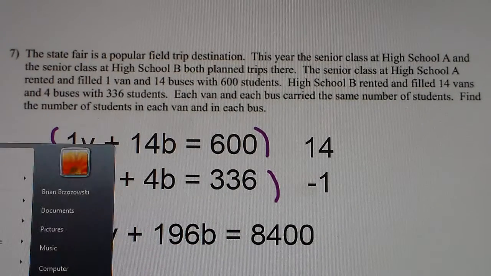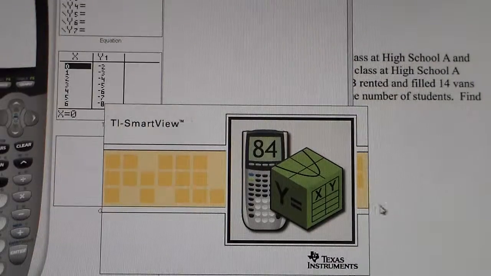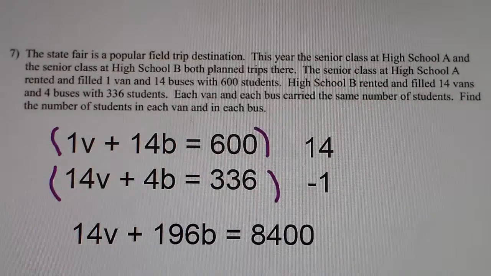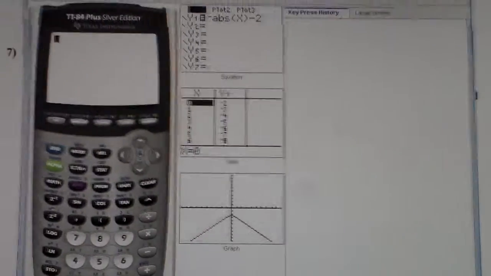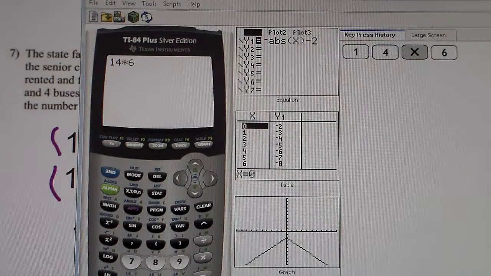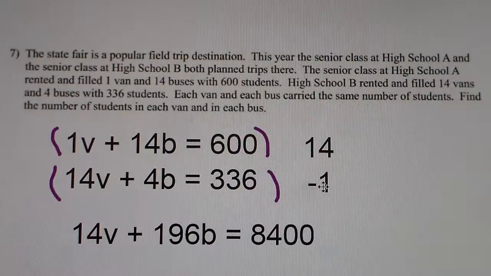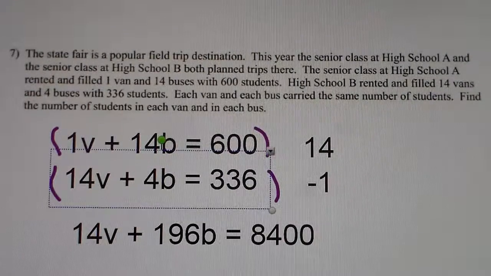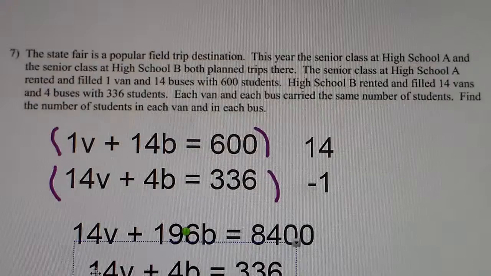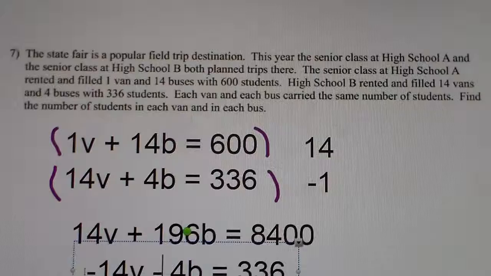I could always double check, so let's bring up the graphing calculator. 14 times 600. Yep, 8,400. I was right. Cool, and then negative 1 times all this. So that'd be negative 14v minus 4b minus 336.